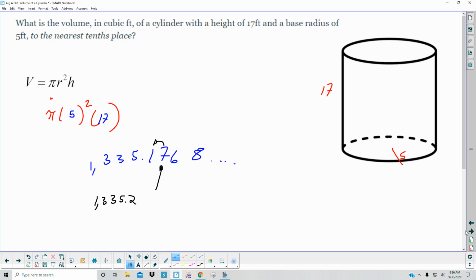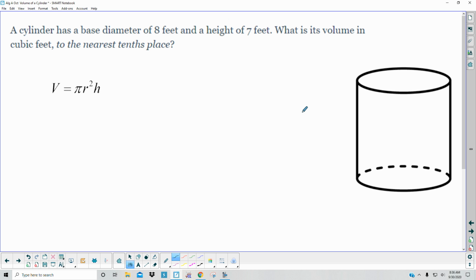The last type is where they're going to try and trick you, just like they did when you were doing areas of circles. Here they're giving you the diameter. The diameter is all the way across the can. You don't want all the way across, you want the radius. So I want half of that distance. If all the way across is 8, the radius is going to be 4. So r is equal to 4.